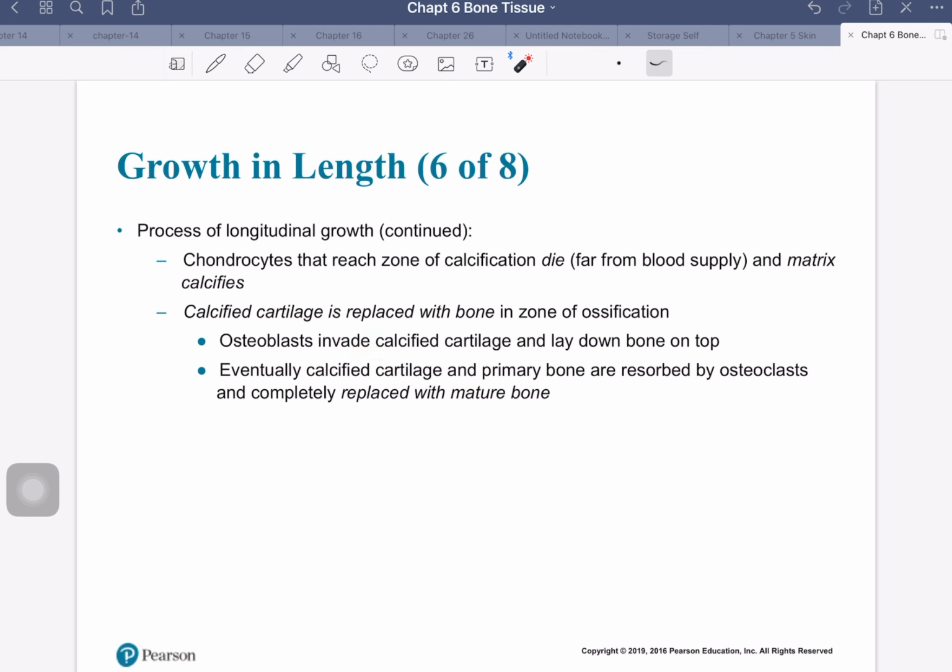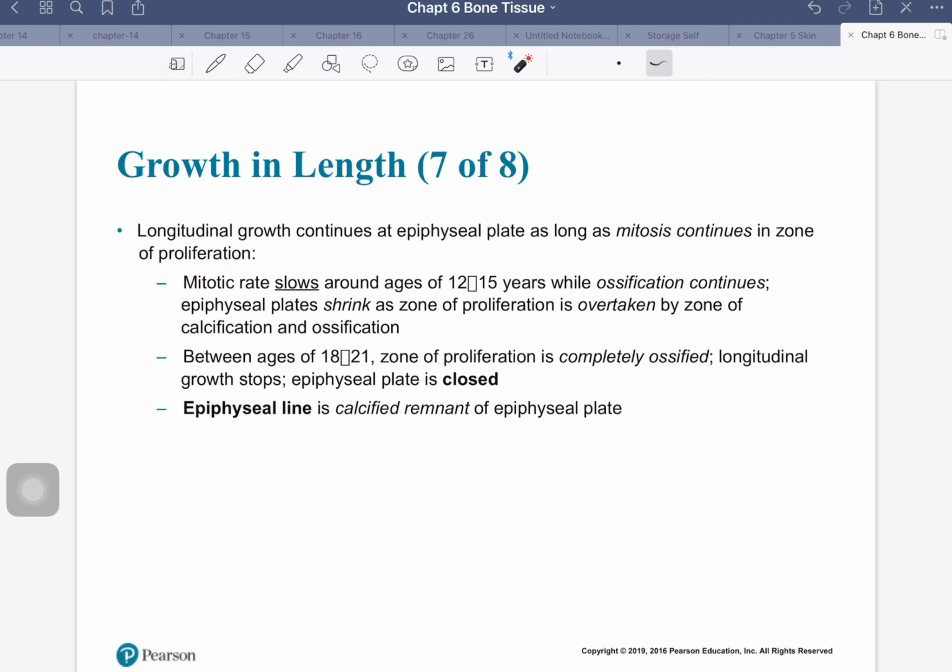Now, this continues. It doesn't continue for your whole life, as the epiphyseal plate exists as long as the mitosis continues in the zone of proliferation. But this mitotic division starts to slow down sometime in the ages of 12 to 15, but ossification will continue. Eventually, the thickness of the epiphyseal plate shrinks because the zone of proliferation is overtaken by the zone of calcification and ossification.